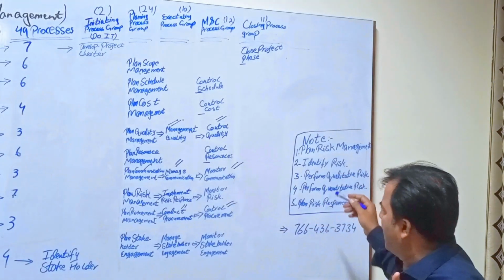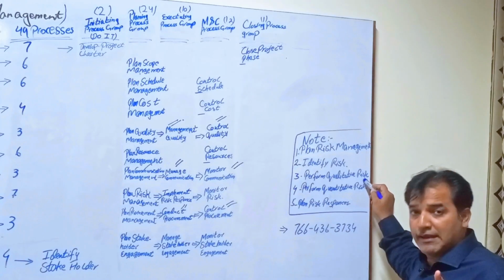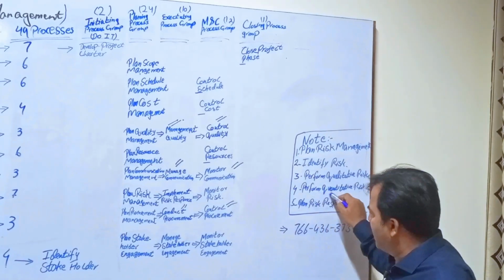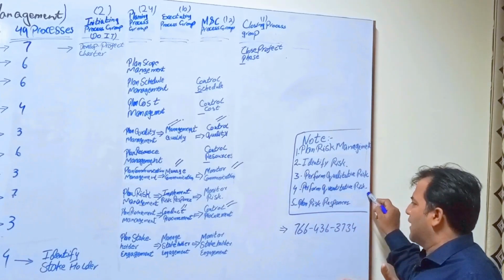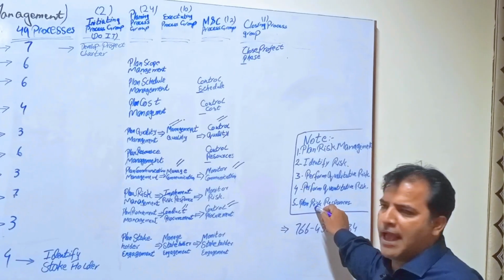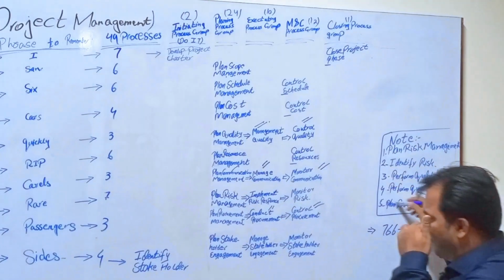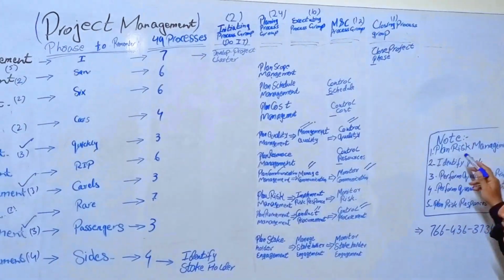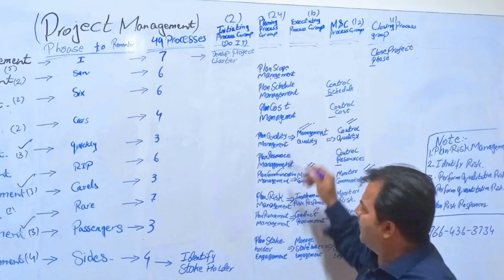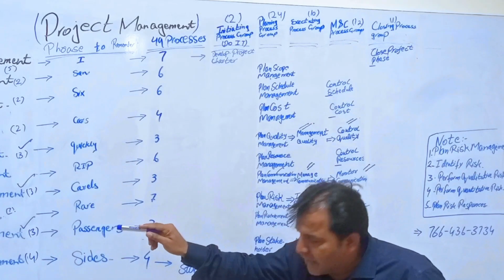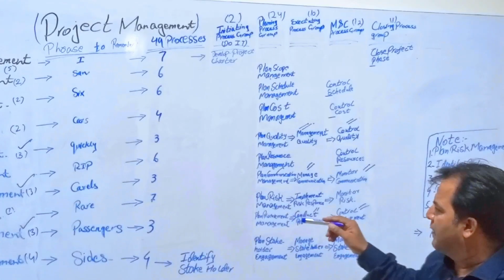That is perform qualitative risk analysis. Then perform quantitative risk analysis. And the fifth one is plan risk responses. So these are the five processes in the planning process group regarding the project risk management knowledge area.